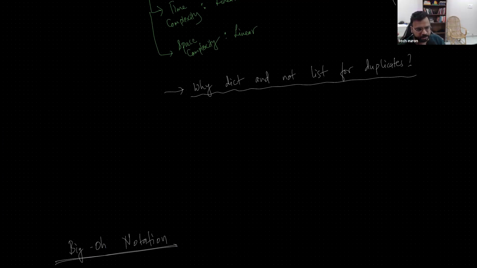Even if it is not mentioned, whenever you write an algorithm, you have to keep an eye on how much time I'm taking, how much space I'm taking. Is it possible to take less time? Is it possible to take less space? And you have to justify that I have written this algorithm, it is O of n in time and O of n in space. If you ask me for constant space, then I have to go for O of n square in time. So these are the different trade-offs that you have to explain.